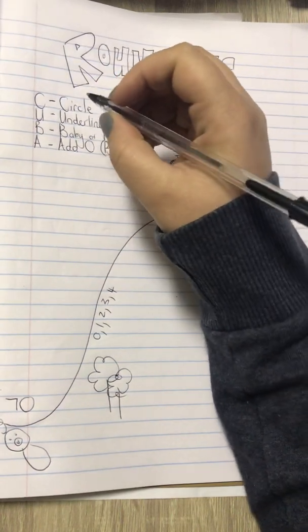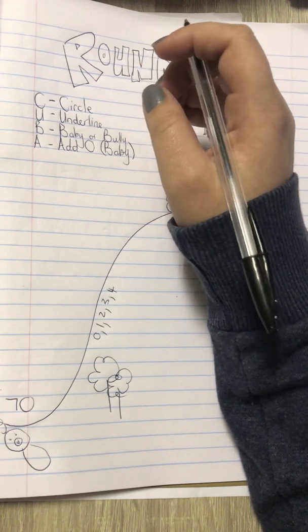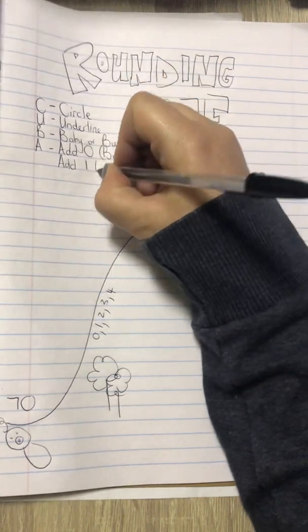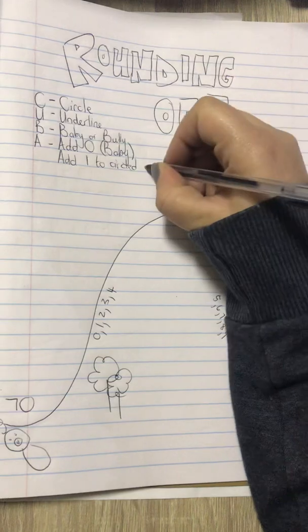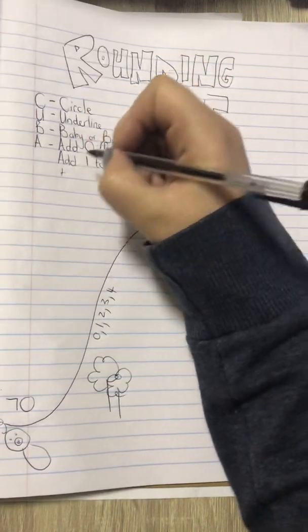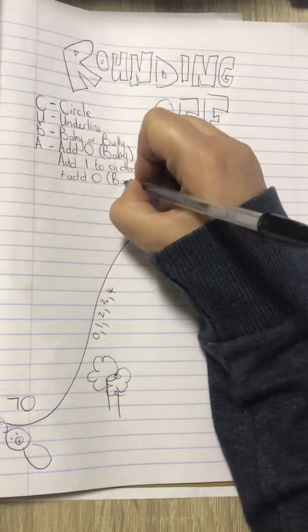And add 1 to the circled number if it's a bully.